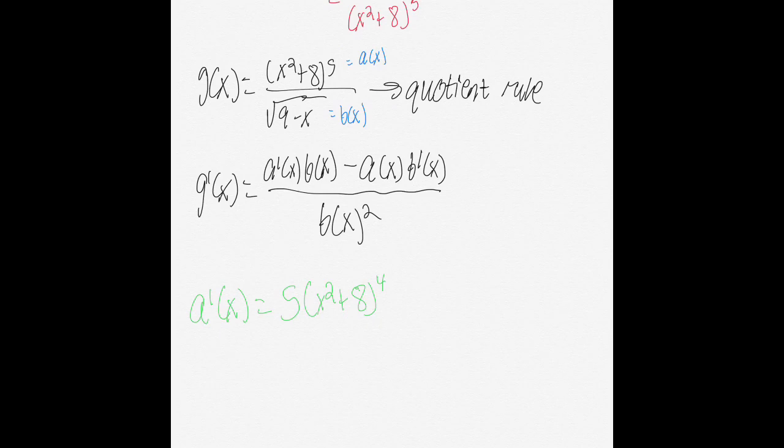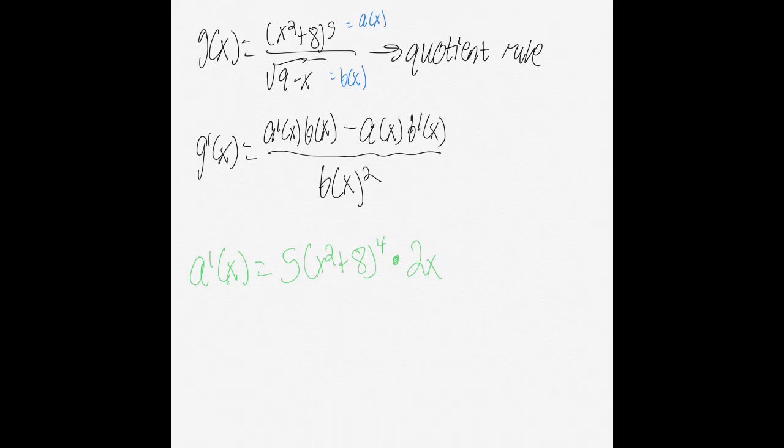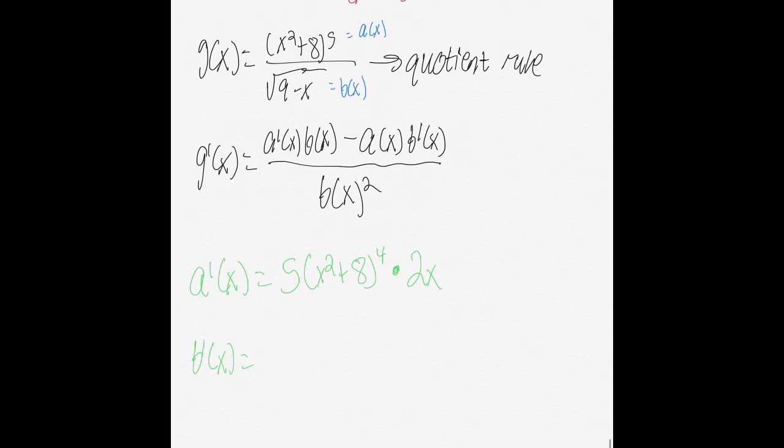So I bring the 5 down front, and then I have x squared plus 8 all to the 4th power. And then I multiply by the derivative of the inside, the derivative of x squared plus 8, which is 2x. Okay, so that is my a prime of x.